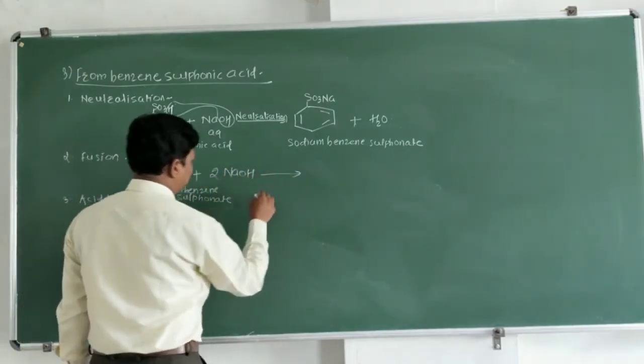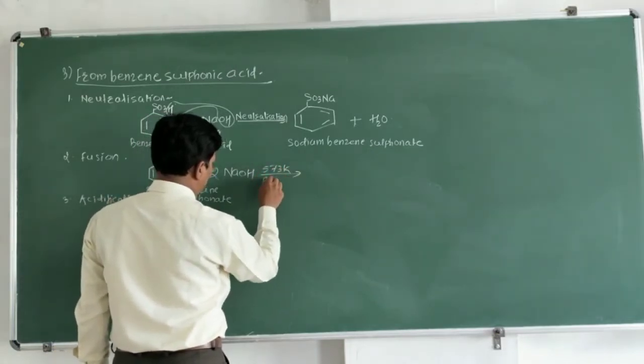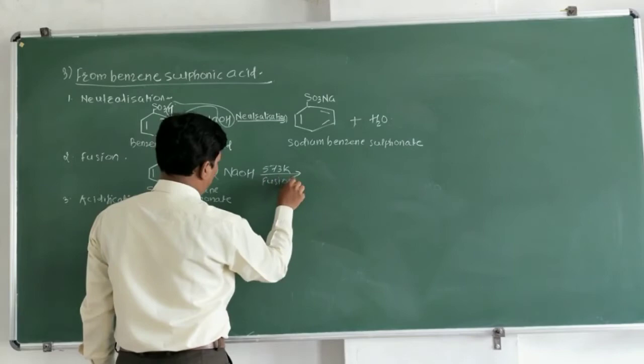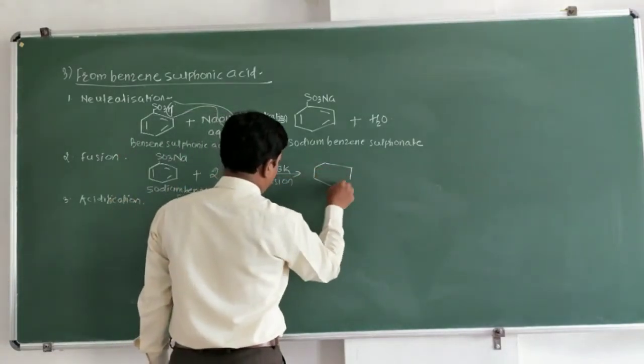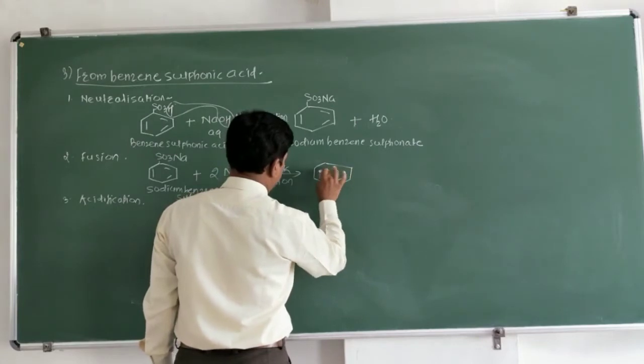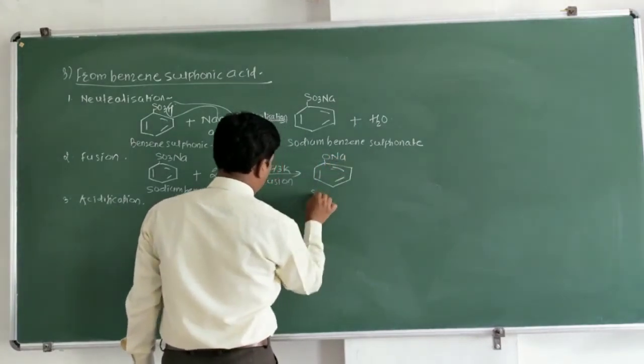This reaction is carried out at 573 Kelvin temperature, and it forms again an intermediate product, the sodium phenoxide.